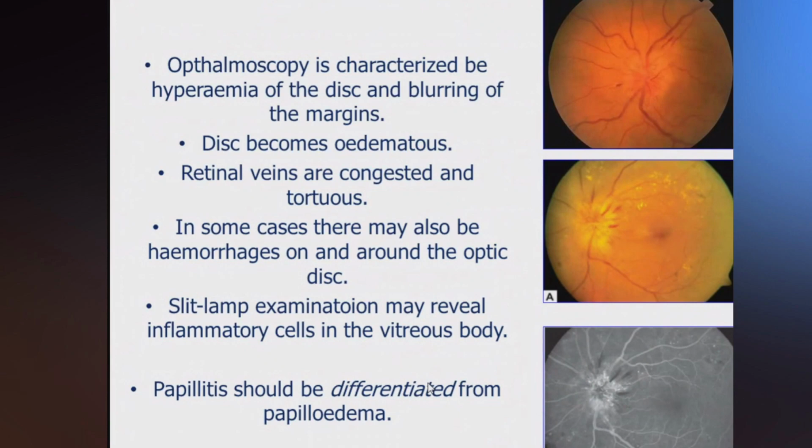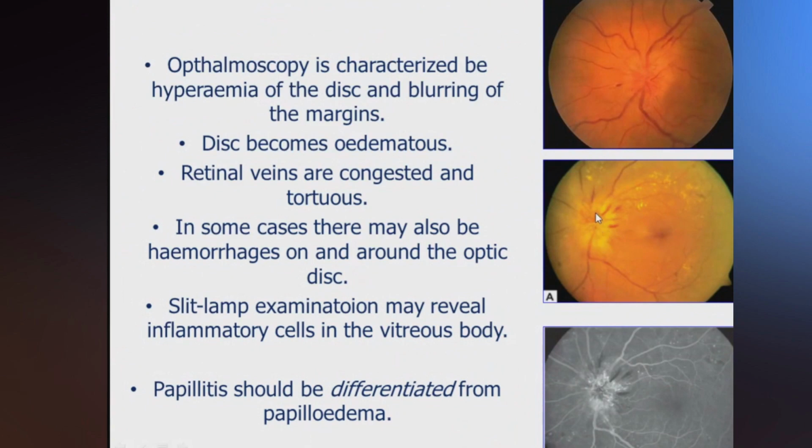The disc becomes edematous. We can see swelling of the optic disc, and we can see the dilatation of the veins. In some cases, we can see hemorrhage in the optic nerve, in the optic disc.